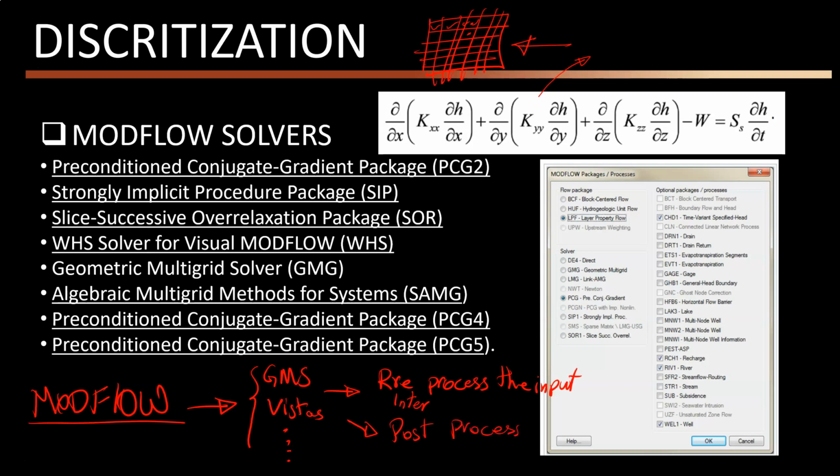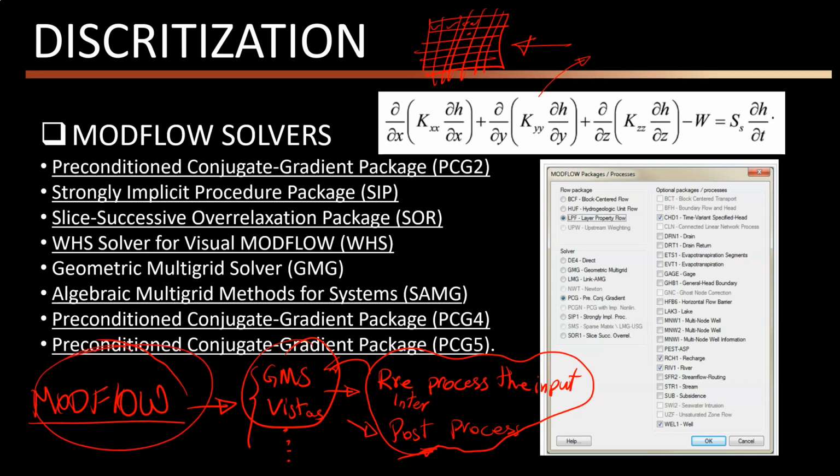You will see later that once this equation is solved, you can, for example, better visualize the results. So these two, pre- and post-processing, are very useful tools that are hidden in these GUIs. And the heart of the GUIs is MODFLOW.